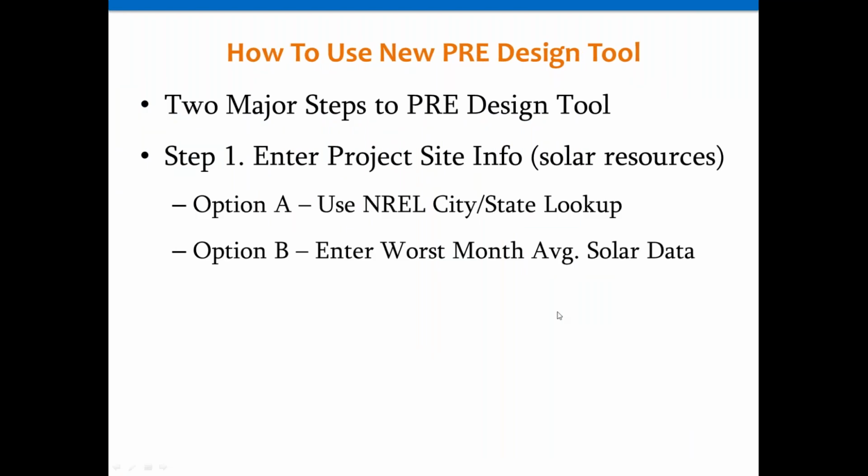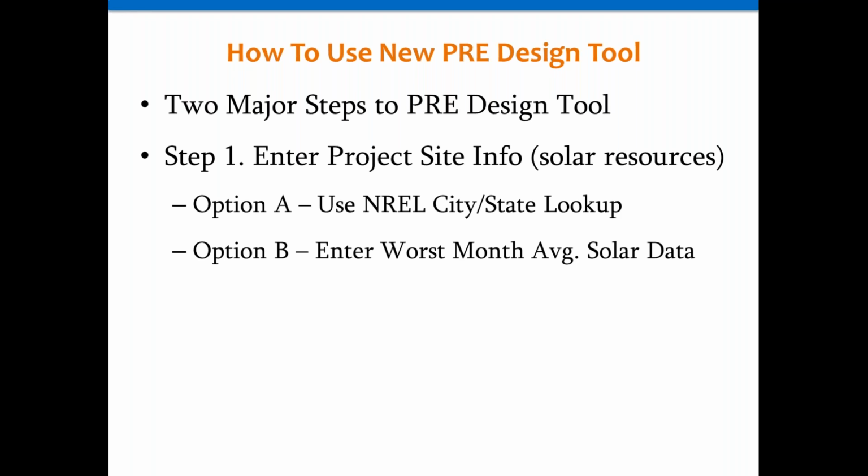All right, so moving on to actually utilizing the PRE design tool, there are two major steps to the PRE design tool. The first major step is regarding the project site information or the solar resources for where the system is going to be installed.